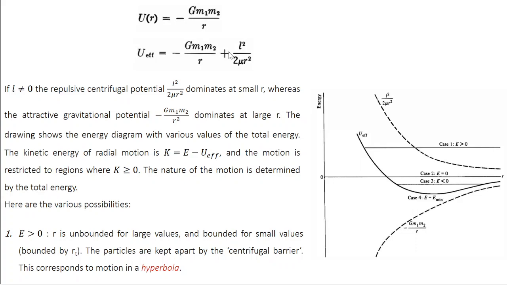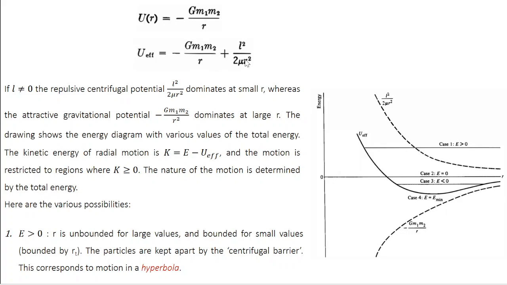Now we can analyze this scenario once again using the energy diagram. So first let's draw the attractive potential and the repulsive potential separately. If you look at the attractive gravitational potential, this is a 1 over r function. So this is going to be your attractive potential, it is a negative function.